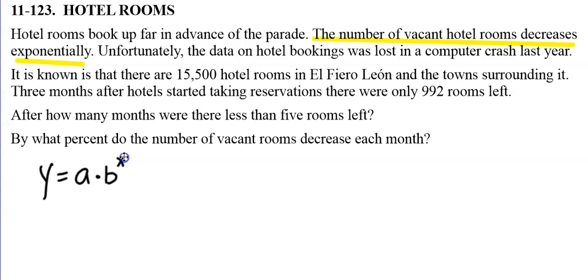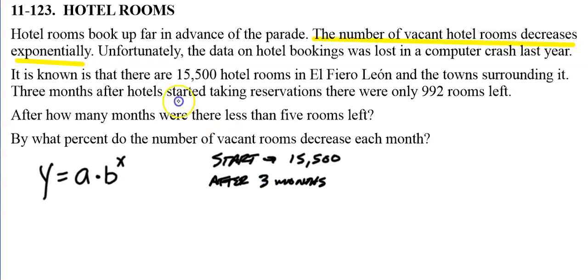So when time is 0, we got 15,500 at the start. We have 15,500. And after 3 months, that has gone down to 992.